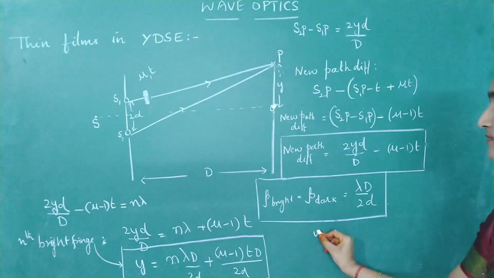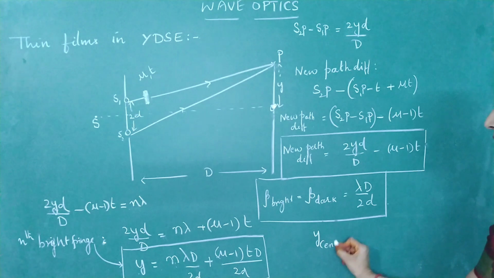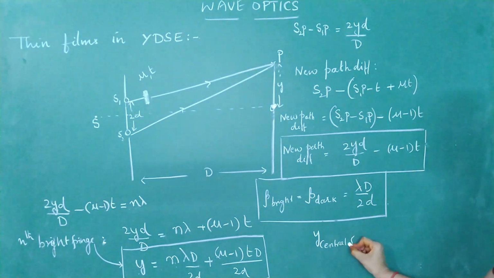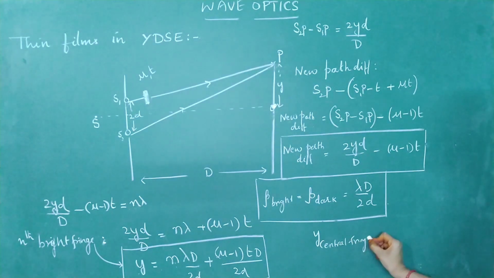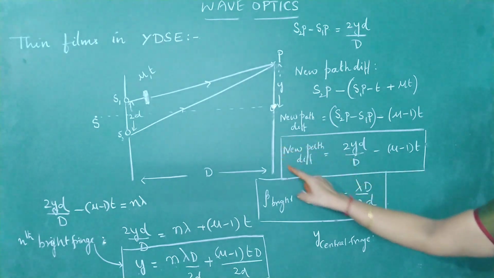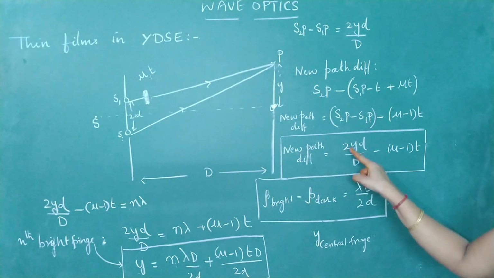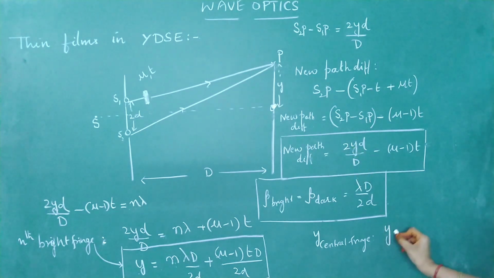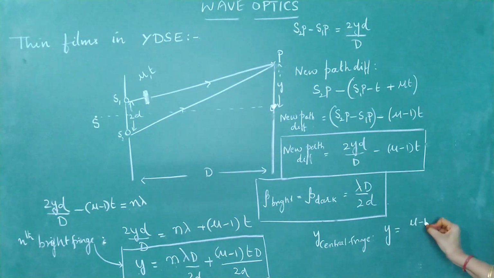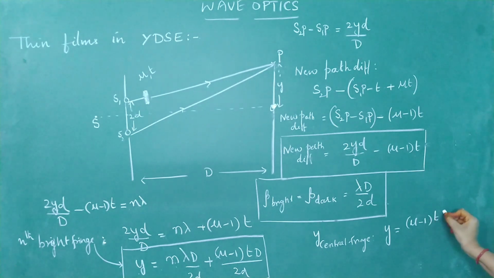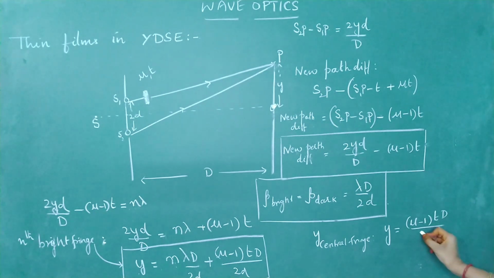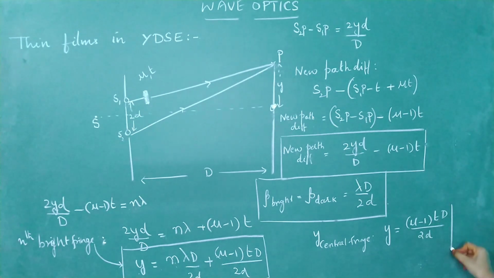What is the distance of the central fringe? To get it, I put the new path difference as 0. If you put the new path difference as 0, y comes out to be (mu minus 1) into t into D divided by 2d.